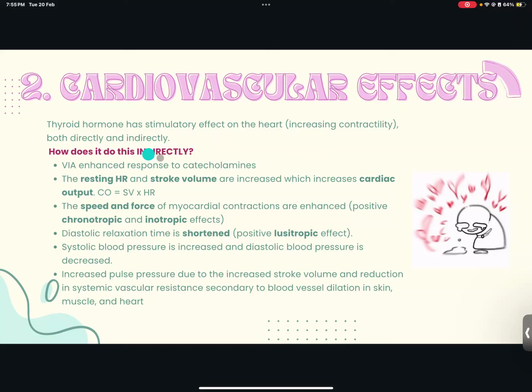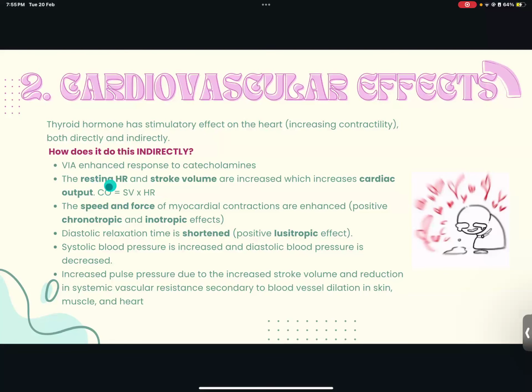And how does this happen? It happens indirectly. This is caused by an enhanced response to catecholamines, so epinephrine, norepinephrine. The increased response to catecholamines is going to increase the resting heart rate and the stroke volume. And if you remember the formula, stroke volume multiplied by heart rate gives you the cardiac output.